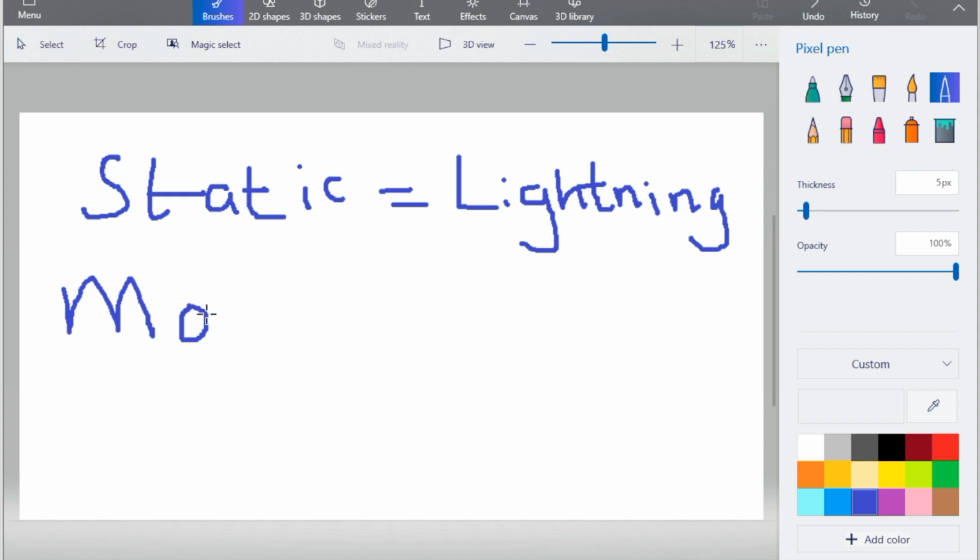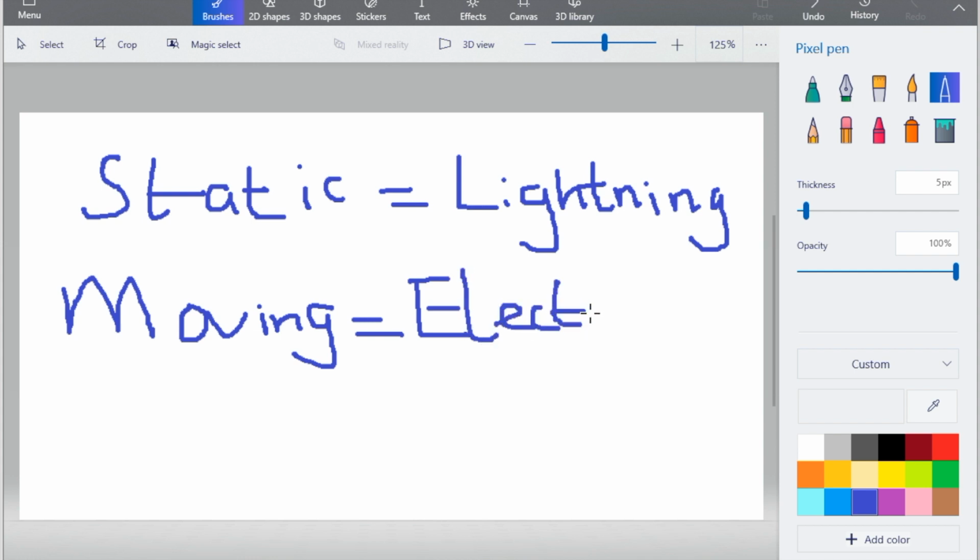Moving electricity is like the electrical current which flows to power your television or your computer or something like that.